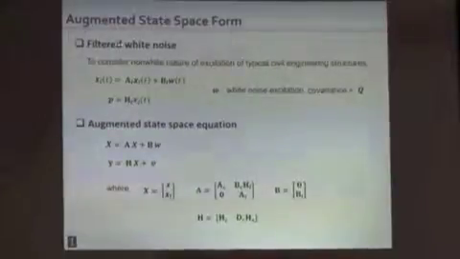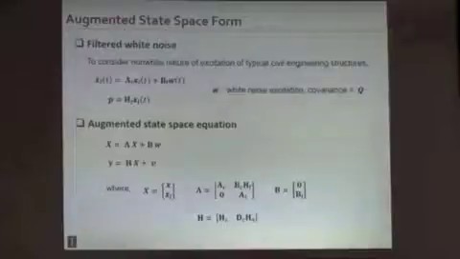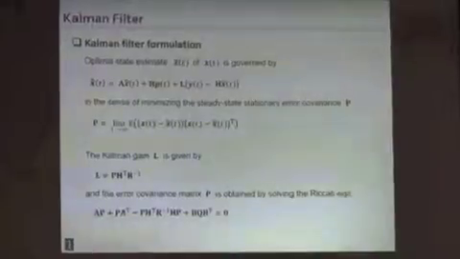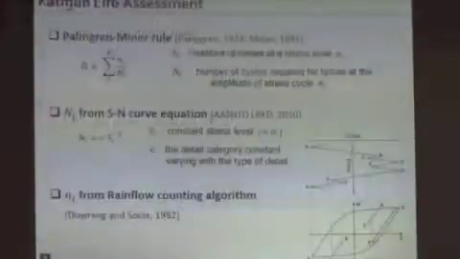But we will use some filter to shape the spectrum. And then we create an augmented system on which to do the estimation. Once we have that augmented system, we can then estimate the states. We can solve the algebraic Riccati equation. We assume we've got stationary responses.